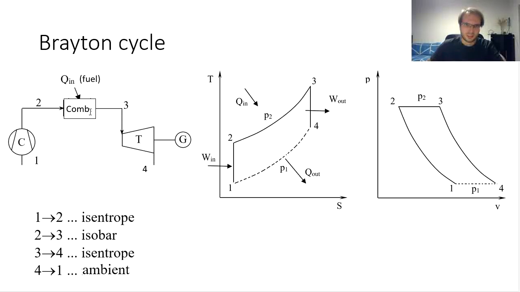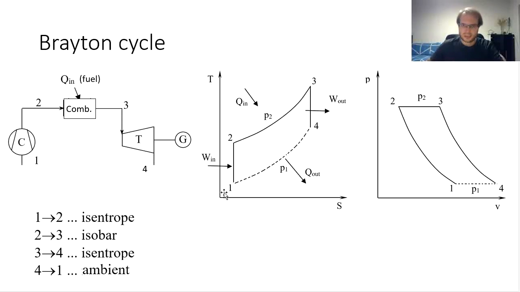Heat addition is typically performed in a combustion chamber where the fuel is combusted with the air and the temperature increases. Then expansion takes place in the turbine between the pressure P3 and the pressure P4, which is ambient, and that means the working fluid is exhausted into the atmosphere.